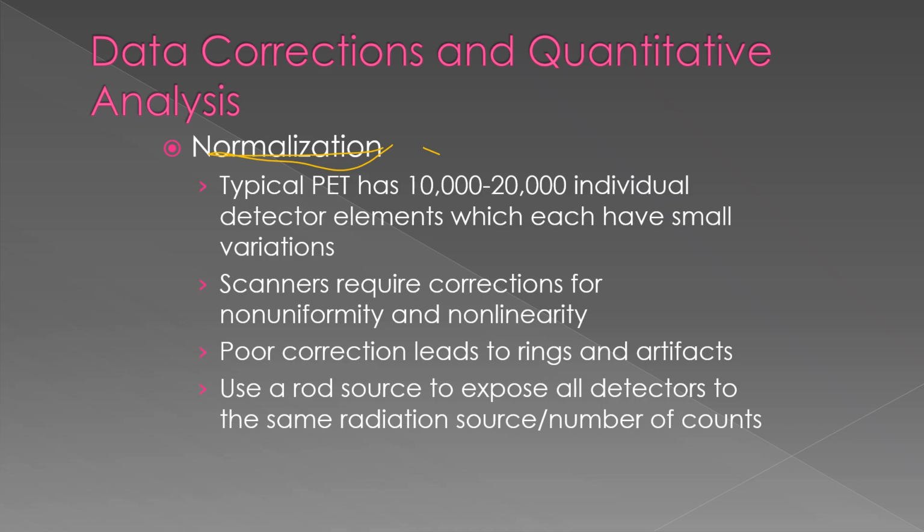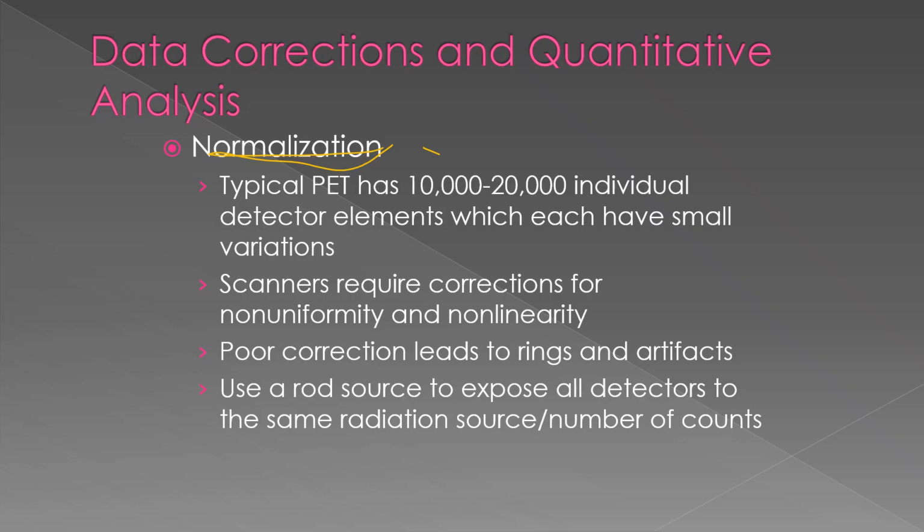But with PET, you have 10 to 20,000 of those detector elements, those little crystals. And every single one of them is going to have their own small variations. They're not going to be perfect when they come from the manufacturer. And so scanners are going to require corrections for non-uniformities and non-linearities.